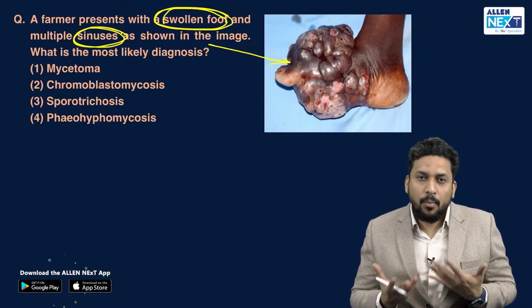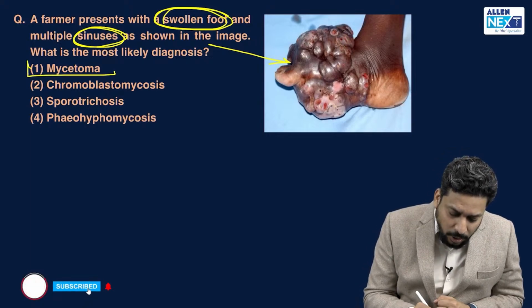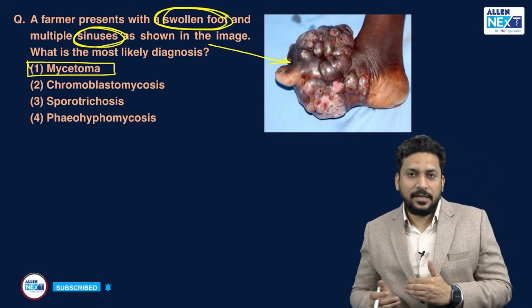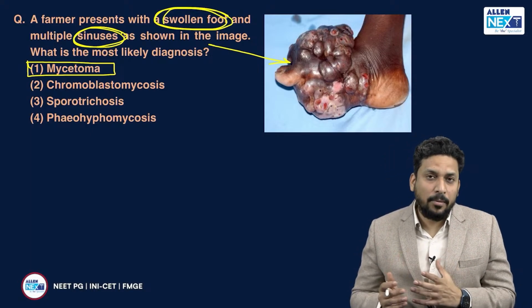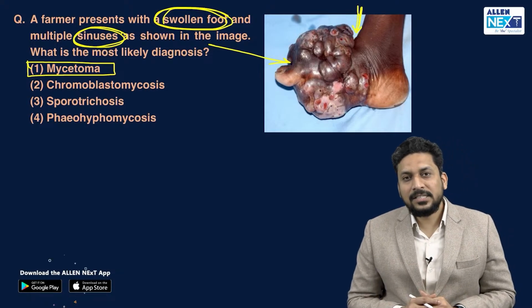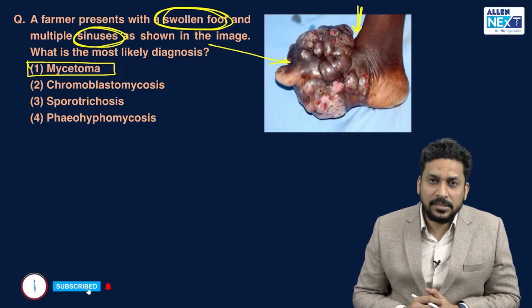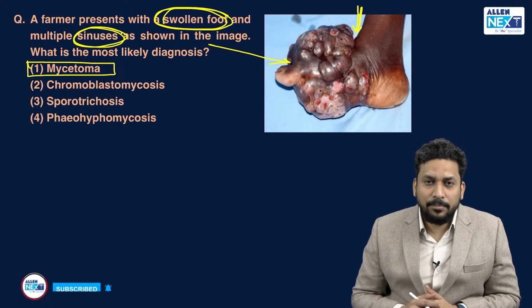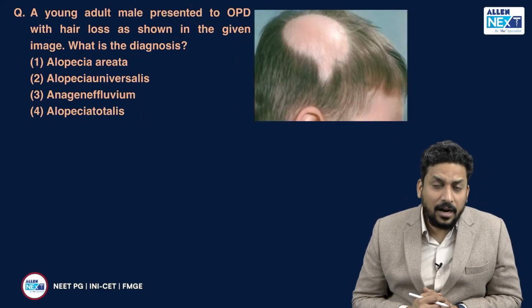It can be Madura foot or mycetoma, which can be caused by both fungus and bacteria. So it can be eumycetoma or actinomycetoma, but this is the common presentation. You can remember this image of the foot. This also generally starts with plant injury, so it is very common in gardeners and farmers, and it is commonly seen in the southern part of India. This is mycetoma.